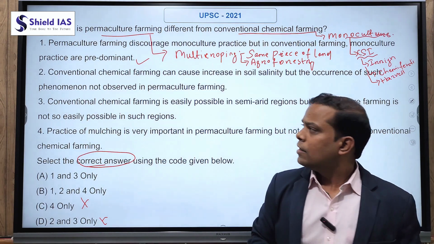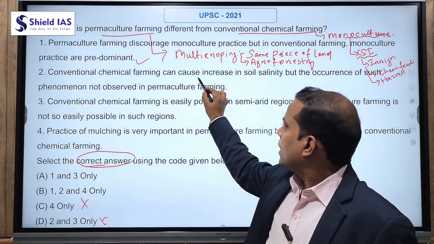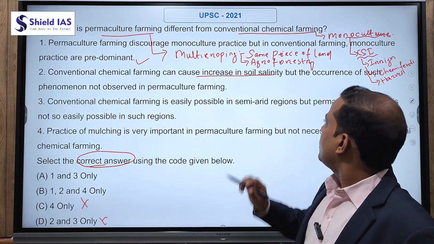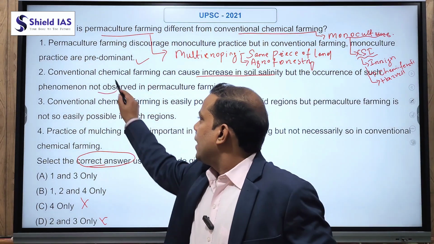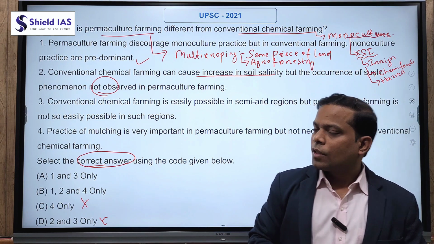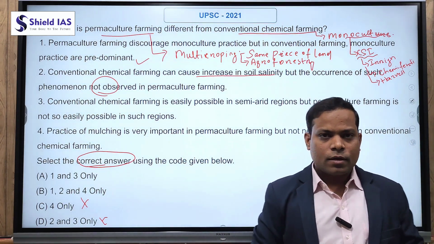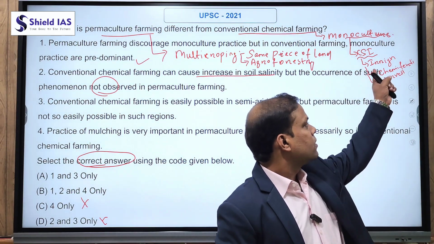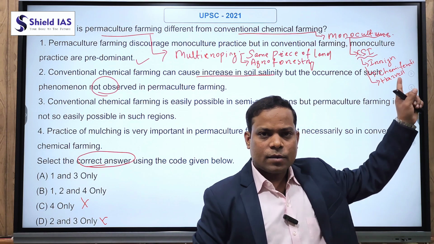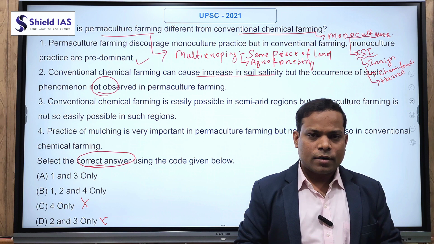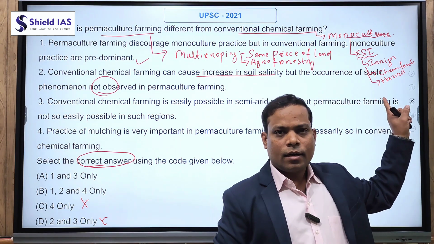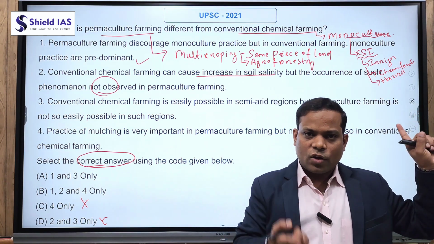The second statement says that conventional chemical farming can cause an increase in soil salinity, but the occurrence of such a phenomenon is not observed in permaculture farming. As we discussed, in chemical farming we practice irrigation. Irrigation means extraction of groundwater, which increases the soil salinity, resulting in a decrease of soil fertility.